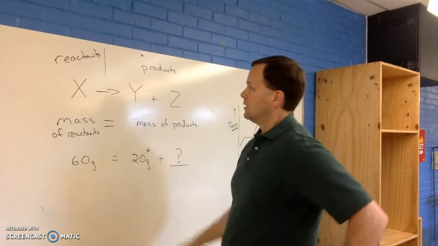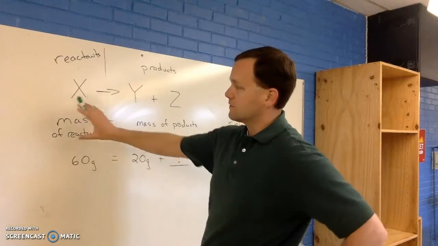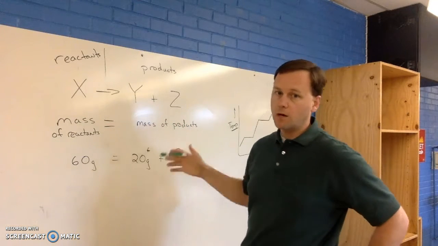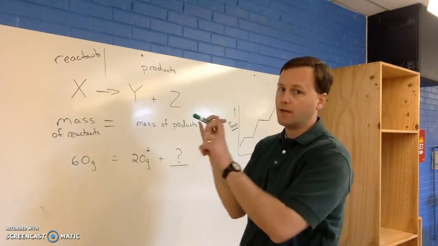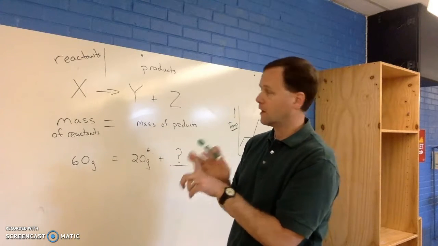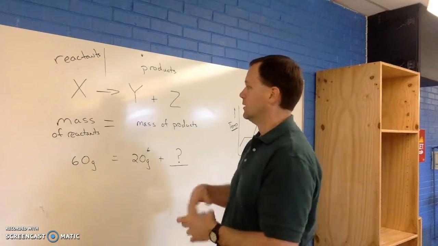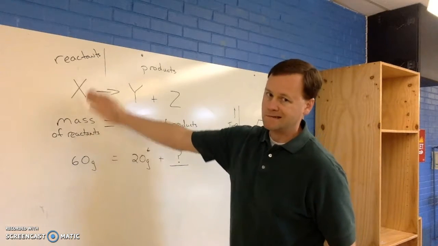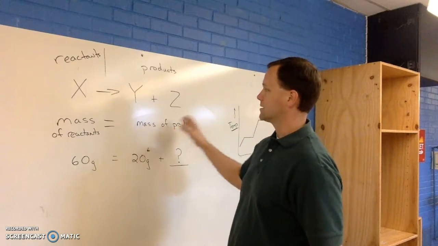Whenever you do a chemical reaction, the mass of your reactants is equal to the mass of your products. That's the law of conservation of mass. It applies in chemical reactions. It applies in physical changes. Not nuclear reactions. So the mass of the reactants, left side of the arrow, is equal to the mass of the products.